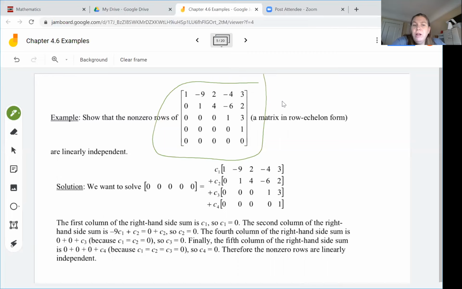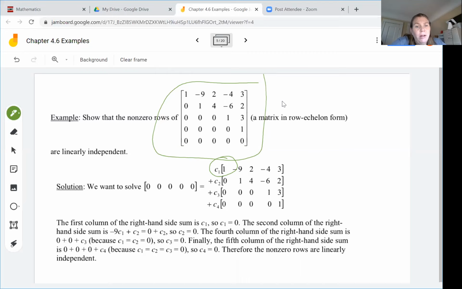So the first column on the right-hand side is C1. So C1 is going to equal 0. If we look over here, here's our C1. And so to get zeros out there, we're definitely going to have to have C1 equal 0.